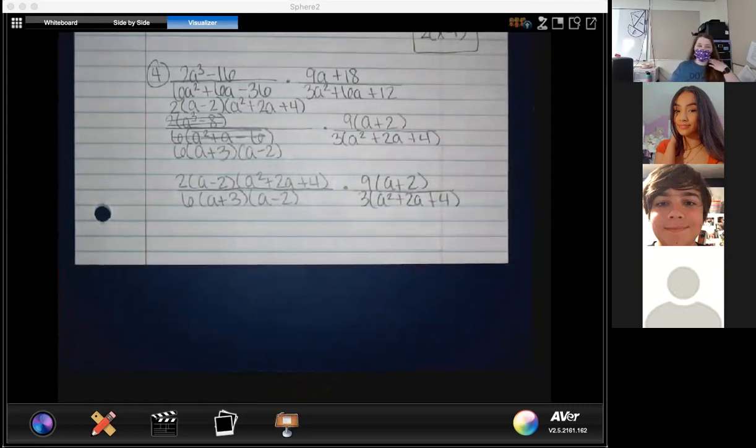So if you're struggling with factoring, go back to lesson 2.6, 7, and 8. If you can't find the notes on this, go find them back in Google Classroom. Or feel free to use Khan Academy.